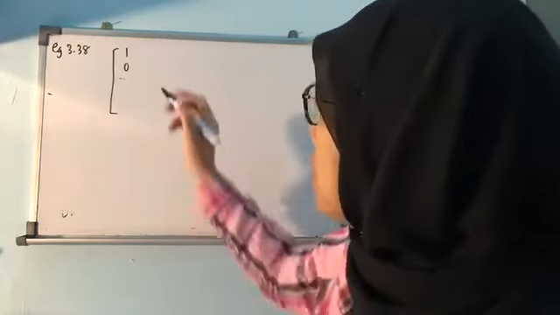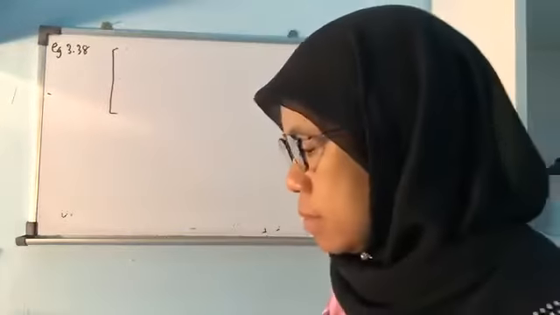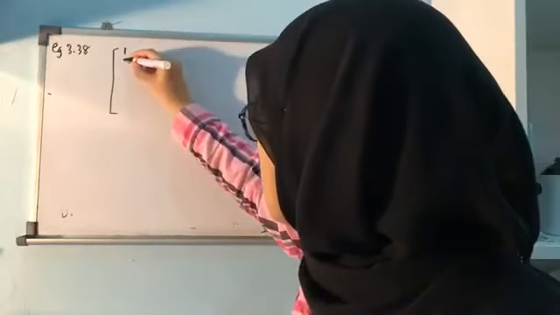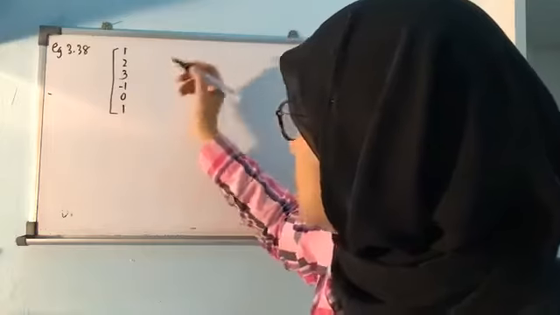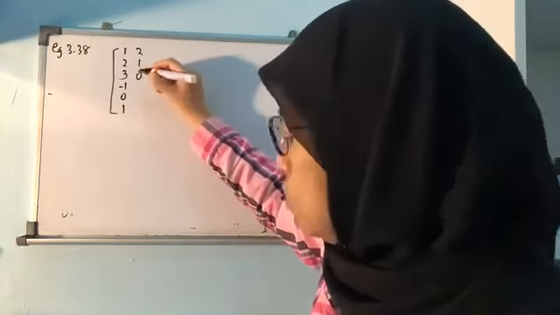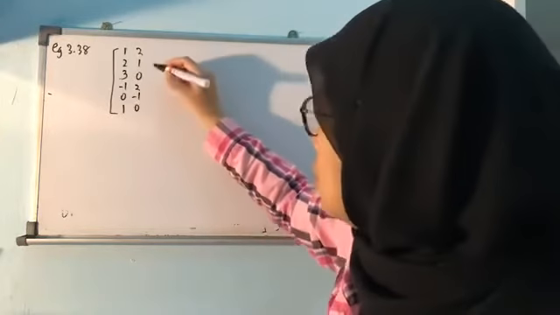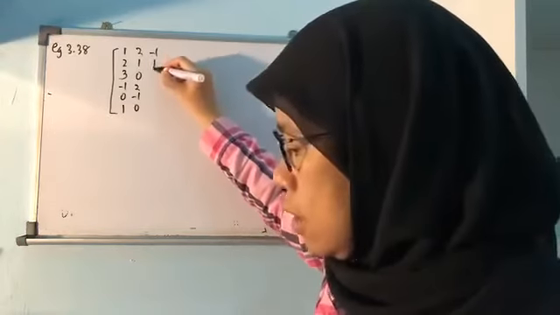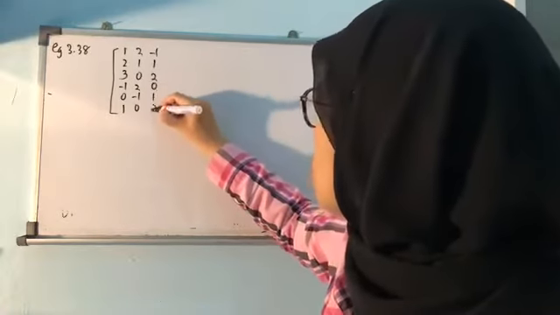Okay, so 1, 2, 3, negative 1, 0, 1, 2, 1, 0, 2, negative 1, 0, negative 1, 1, 2, 0, 1, 2.